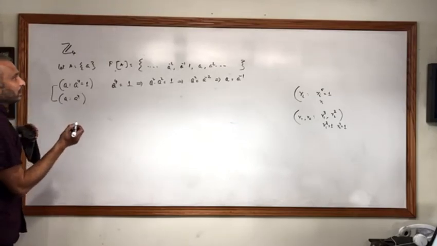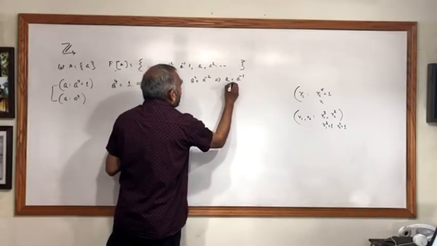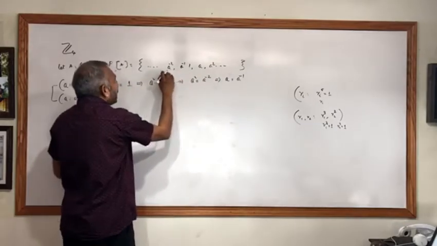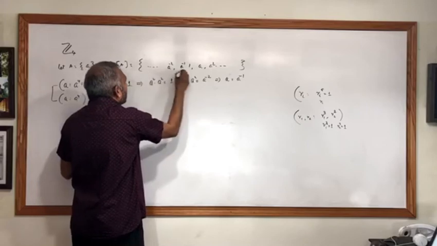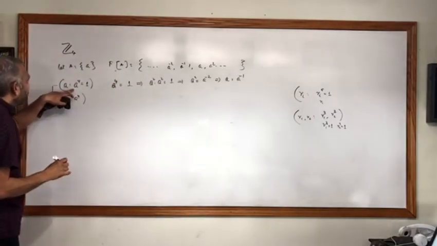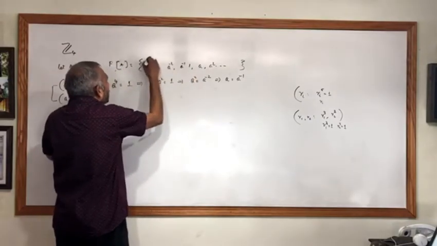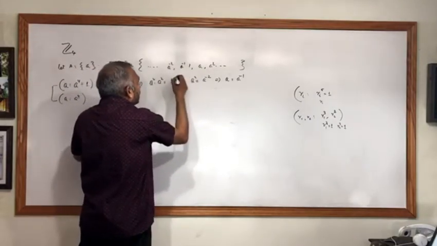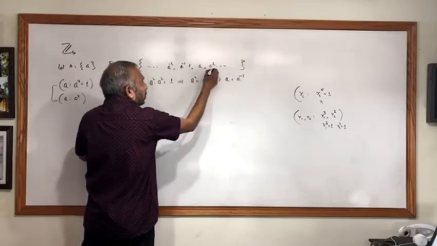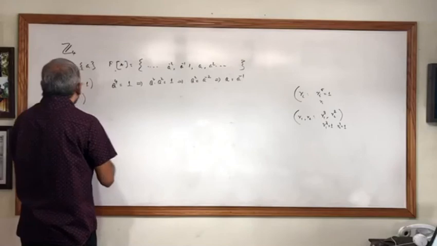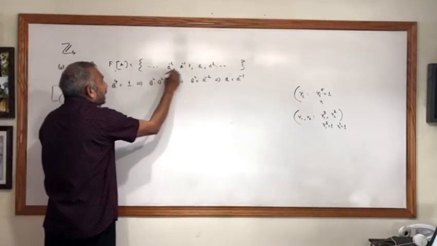Because of this, any element from here with a negative exponent can be rewritten with a positive exponent. So there is nothing here. If you enforce this condition, A4 is equal to 1, we don't have any elements here. This is all eliminated. See, A to the power of minus 2 is actually A square. It's already there. So when you enforce this condition, then we don't have negative exponents.